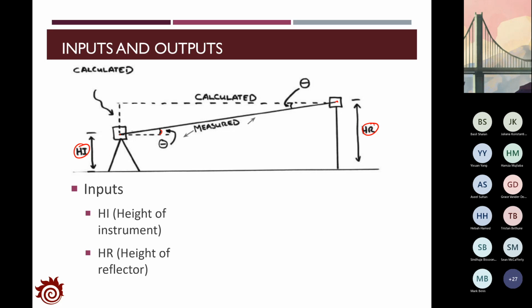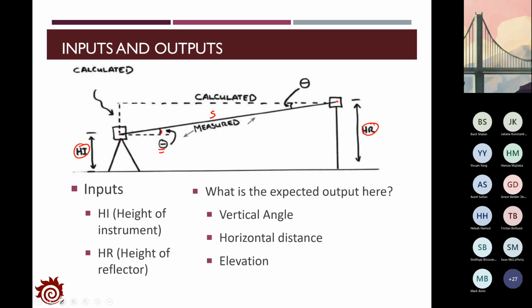And then based on the direct distance you measured, which we call the slope distance, and also the vertical angle, you can find out all the information, the horizontal distance and vertical distance you need. From the measurement, you have the vertical angle as theta, and the system also measures the slope distance as S. You can find out the horizontal distance, capital H, as S times cosine theta.